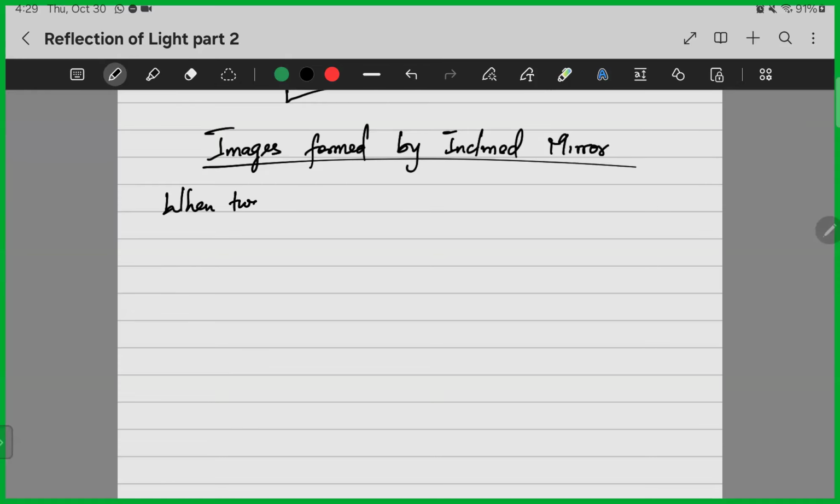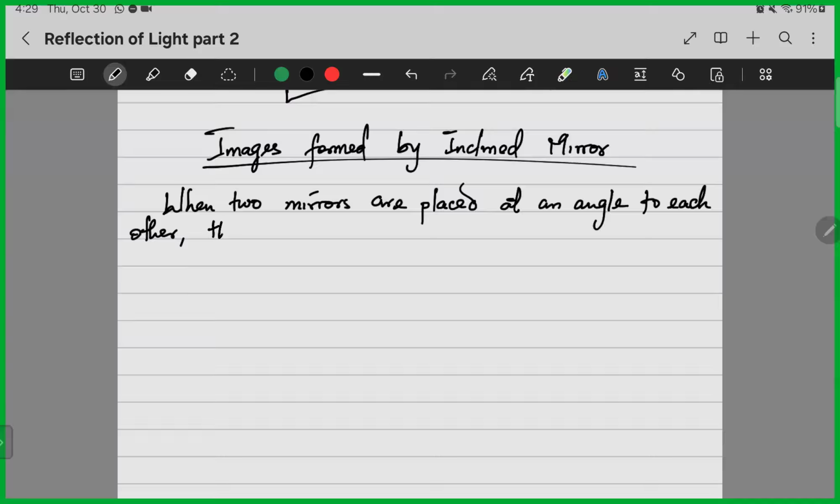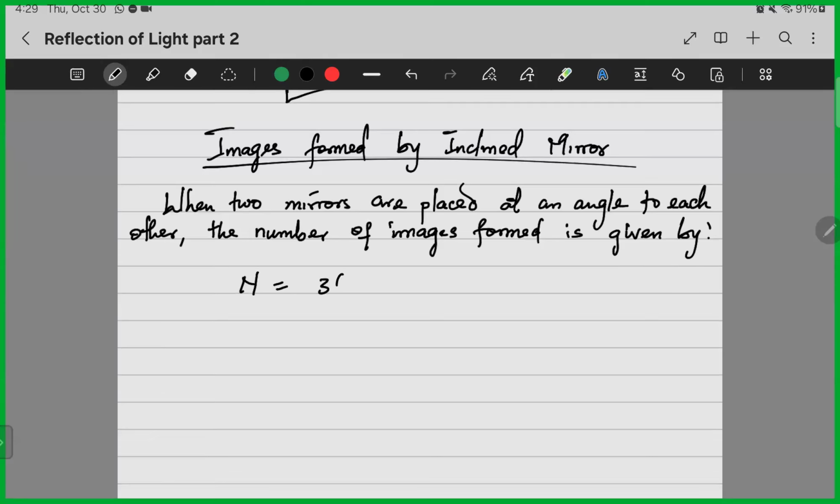When two mirrors are placed at an angle to each other, the number of images formed is given by n equal to 360 over theta minus 1. So please keep this in mind.